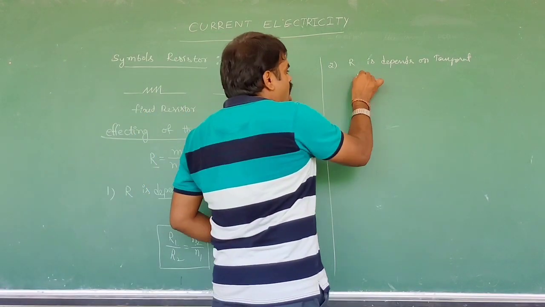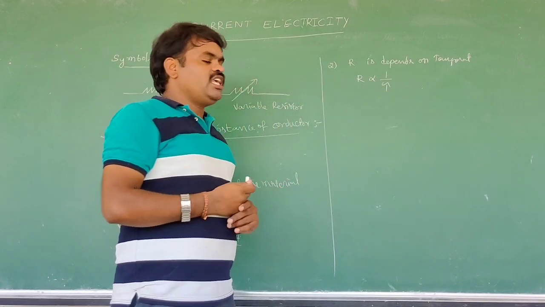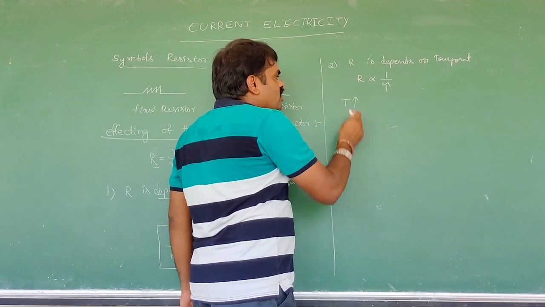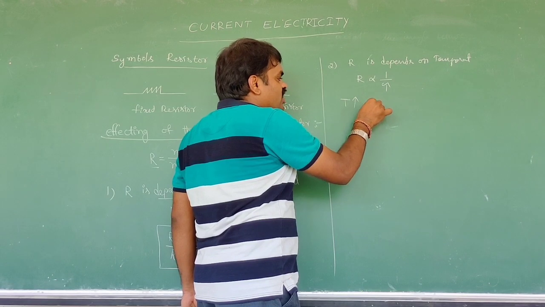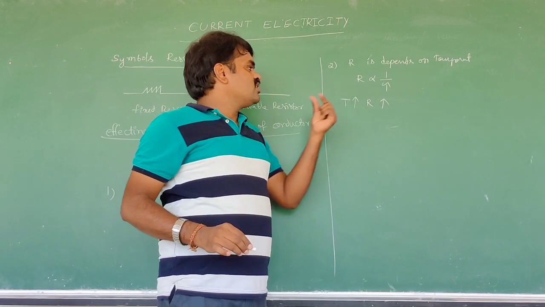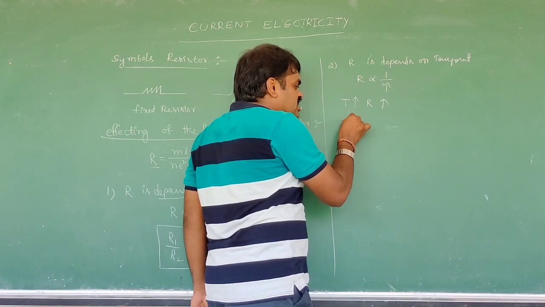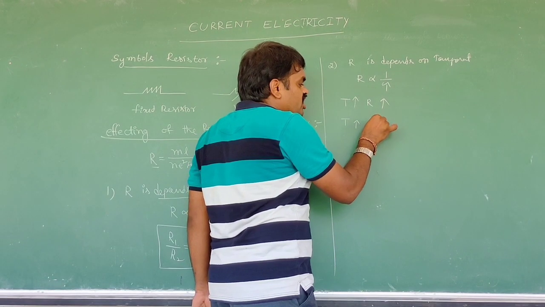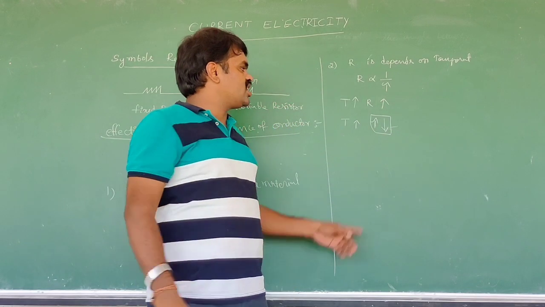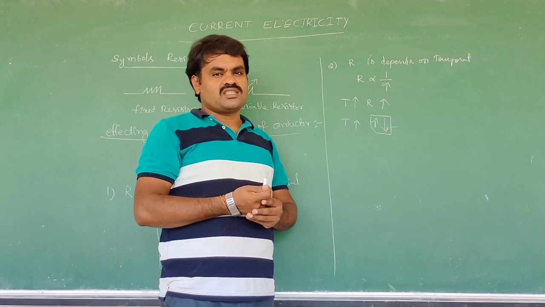That is, R is proportional to 1 by τ. When the temperature increases, the relaxation time τ decreases, then the resistance of the conductor increases.